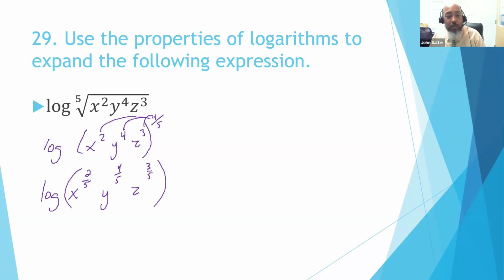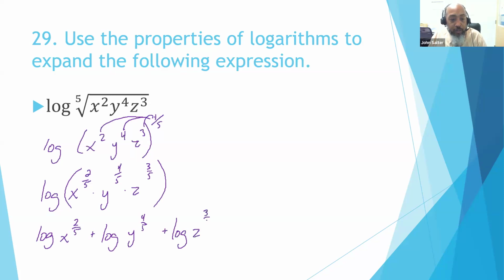Since these are all being multiplied times each other, I can split it up using my property of addition and say log of the first one plus log of the second one plus log of the last one. And now I'm going to do my rule of exponents says I can move my exponents out front.